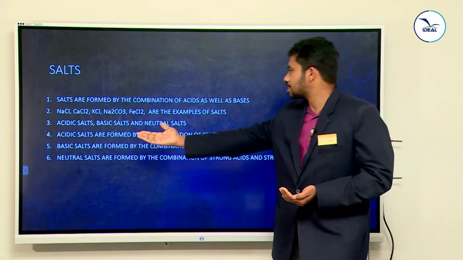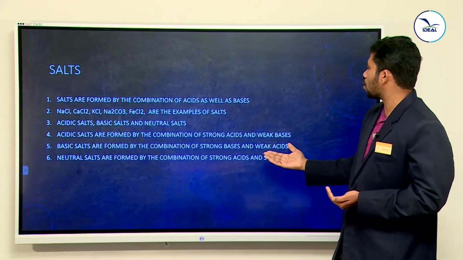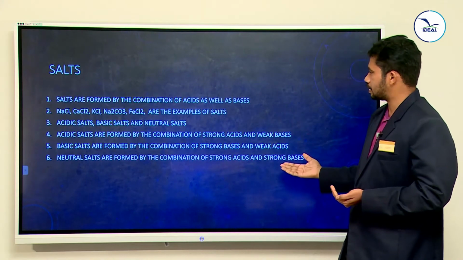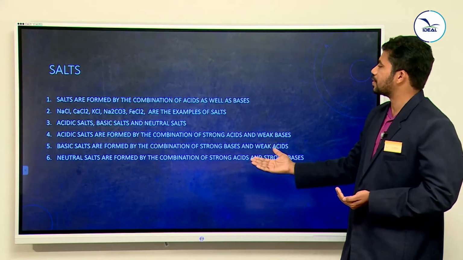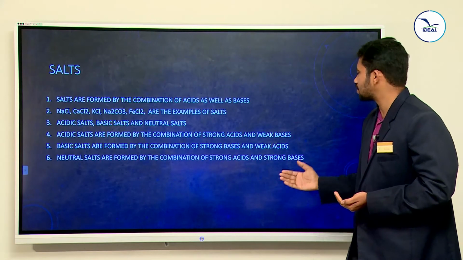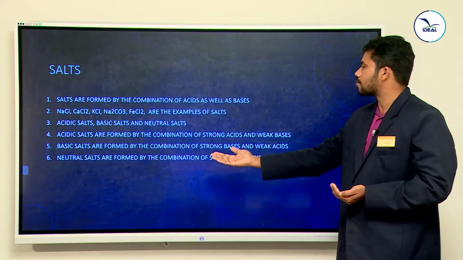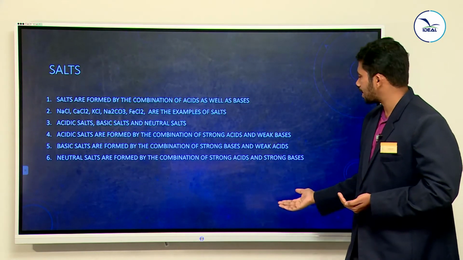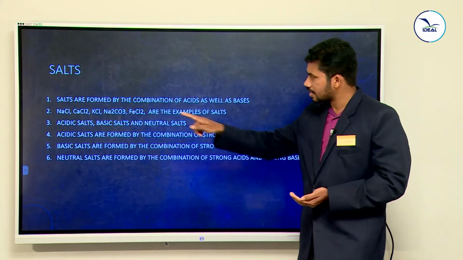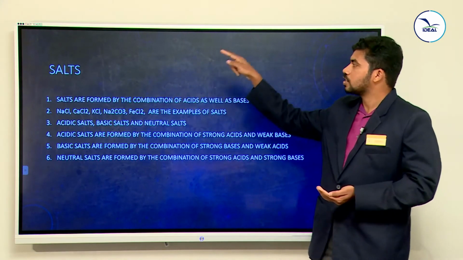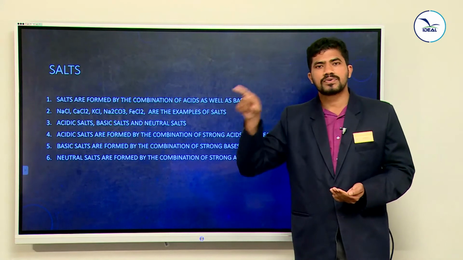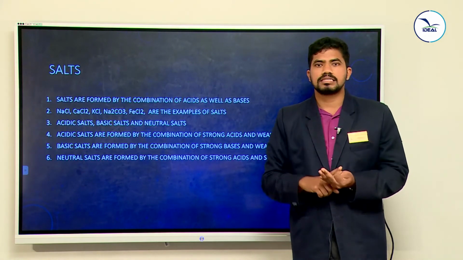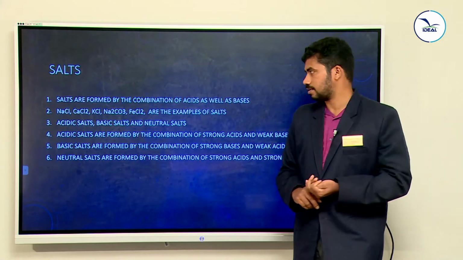Yes, acidic salts are formed by the combination of strong acids and weak bases. Basic salts are formed by the combination of strong bases and weak acids, and neutral salts are formed by the combination of a strong acid and a strong base. Here you can see examples of salts showing different characters: neutral, acidic as well as basic.